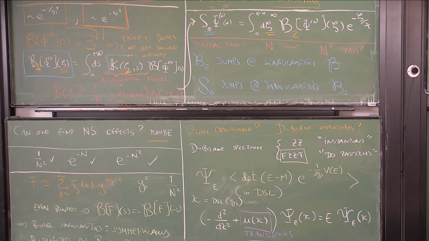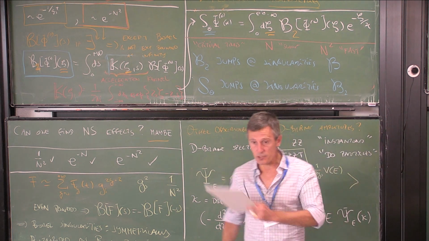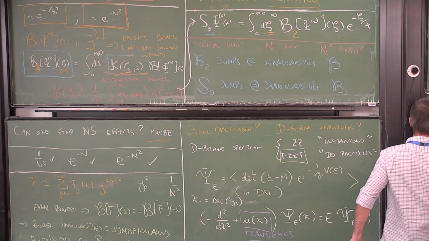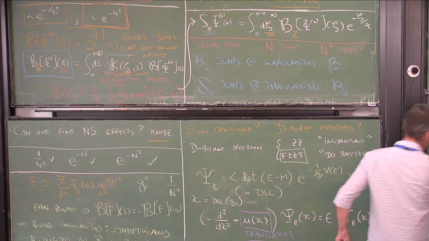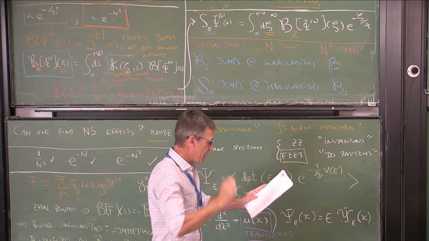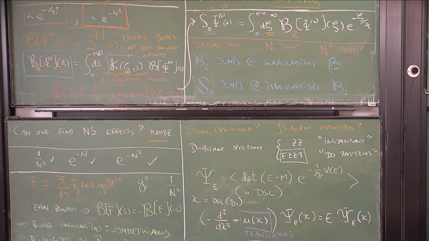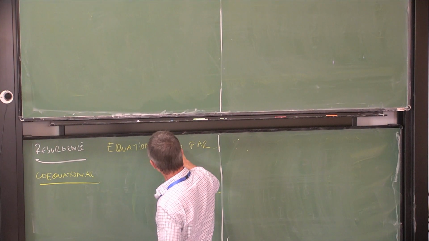So what we've been doing so far is what is known in the resurgence world as equational resurgence. But the analysis of Schrödinger type equations is what's known in the resurgence world as coequational resurgence. And the distinction is basically that in equational, I'm basically doing formal series in the variable of the equation.